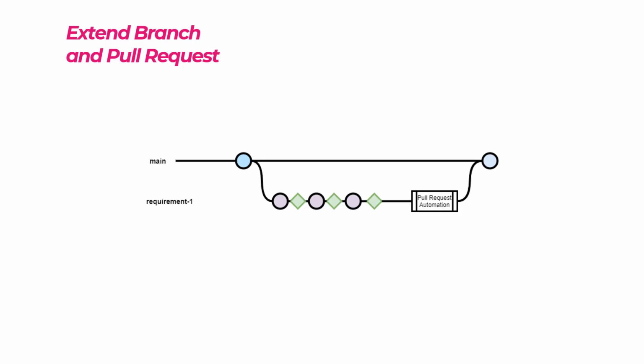So here, if we take a look at an extended pull request, again, we've got requirement 1 with the developer working and committing code at the pink arrows. But what's going on behind the scenes with the blue arrows and the green diamonds is after they commit some code, we're going to kick off an automated continuous integration build and send a report to them for what was the result of that build.